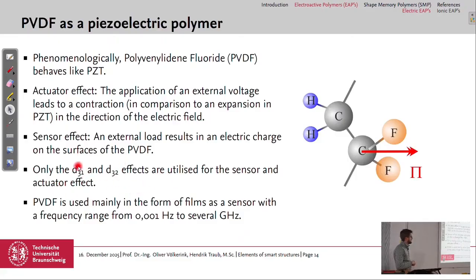So which effects are these? We had other names for it. Transverse, yes. So we do not use the longitudinal effect, but the transversal effect in PVDF. And it's mainly used in the form of thin films as a sensor with frequency range between 0.001 hertz to several gigahertz.